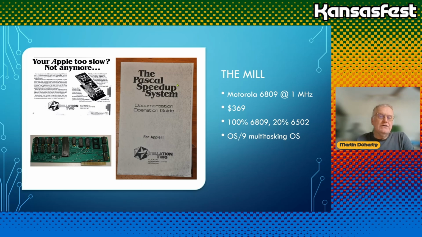And one of the main uses was to speed up Pascal, because Pascal being an interpreted language with the P code, and also being very heavy on floppy disk access, it was kind of a dog to use, pretty slow. So the Mill was able to speed up a lot of the operations, like for example, the compiling of the code was able to go much faster. And you could even run the OS9 multitasking operating system if you wanted to get really abstract.